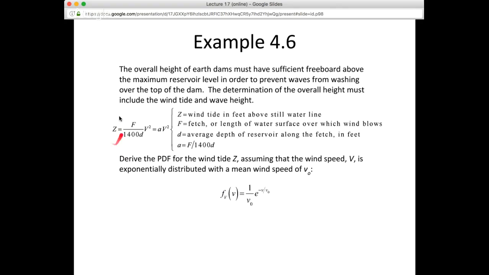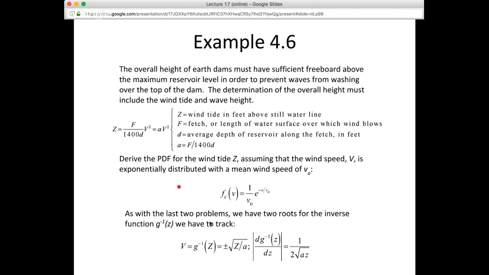So we have this PDF for the random variable of wind velocity v. We're asked to derive the corresponding PDF for the height that our dam has to go to, to handle all possible wind tides. Basically, in this case, as with the previous two problems, we have two roots for the inverse function g inverse.